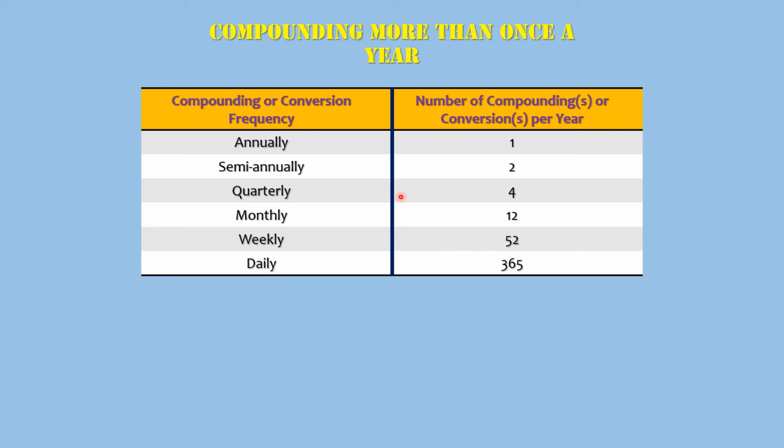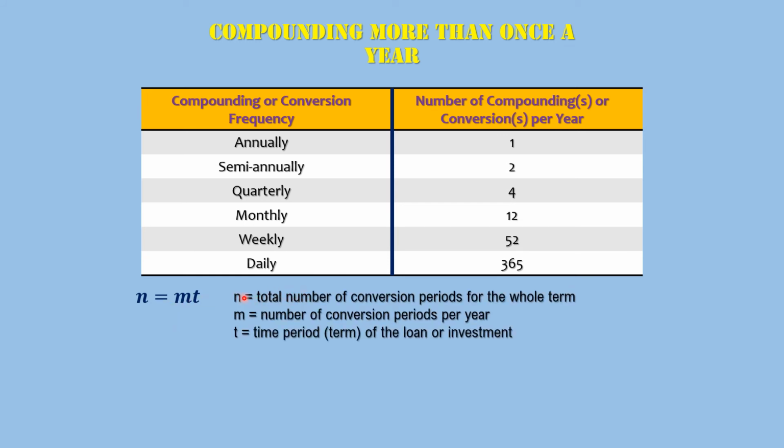So, the first one, yung ating time na naka-raise, okay? So, magiging n na siya. It will become n. So, n is equal to m times t. Na kung saan, ang ibig sabihin ng n, it is the total number of conversion periods for the whole term. Okay. So, yung m, dyan, that is the number of conversion periods per year. Kapag annually 1, semi-annually 2.